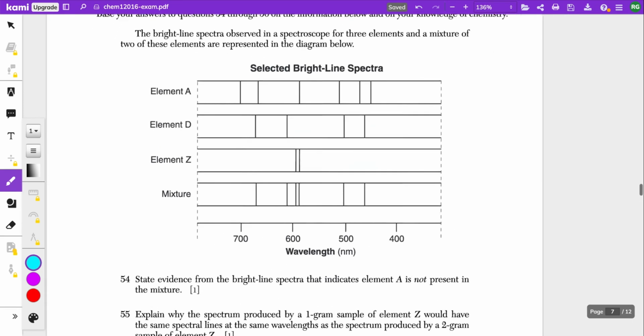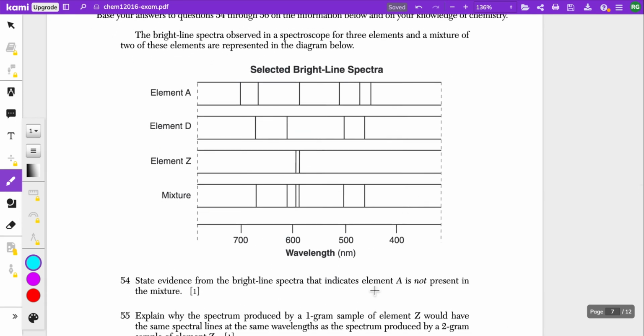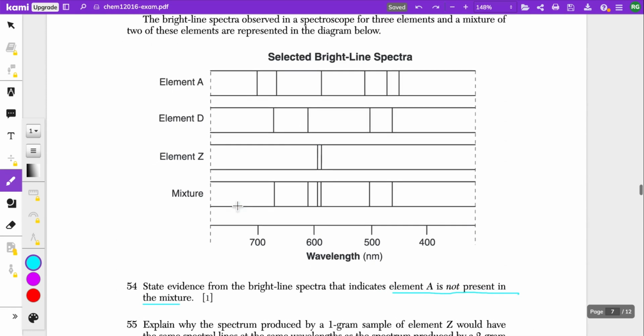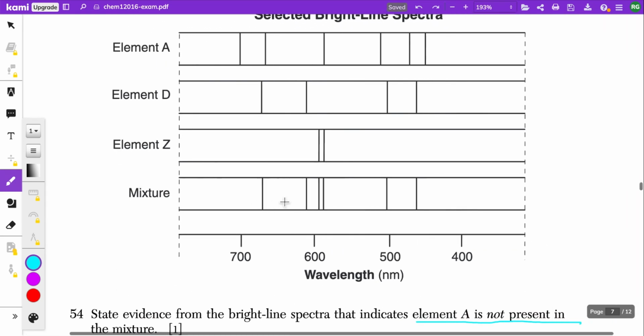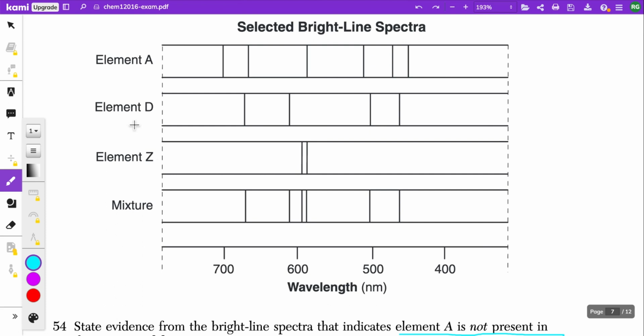State evidence from bright light spectra that indicates element A is not present in the mixture. So you have a mixture right here, and you have three elements, and you want to find out why element A is not present in the mixture. All you have to do is match up the lines.